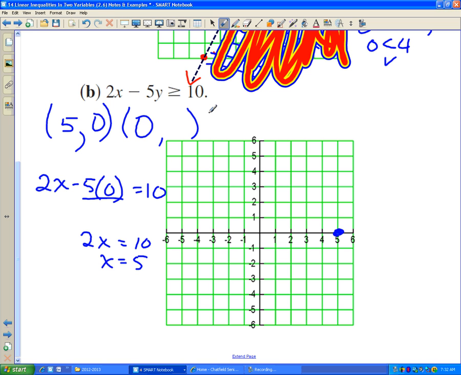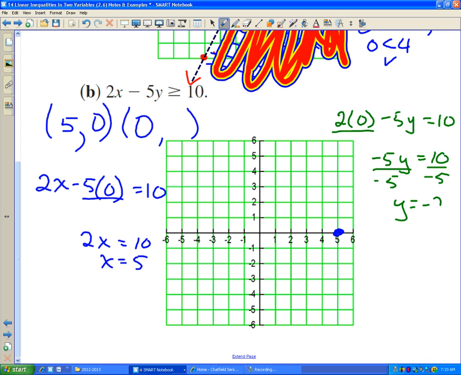Well, let's find my other coordinate. I said let x be 0. Again, use equals. This becomes 0, so negative 5y is equal to 10. Divide both sides by negative 5. So y is equal to negative 2. 0, negative 2 is this point down here.